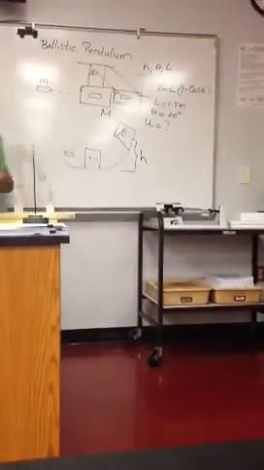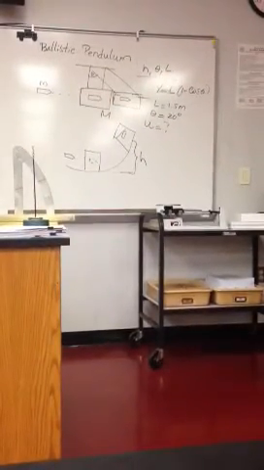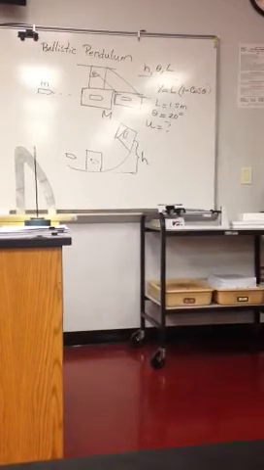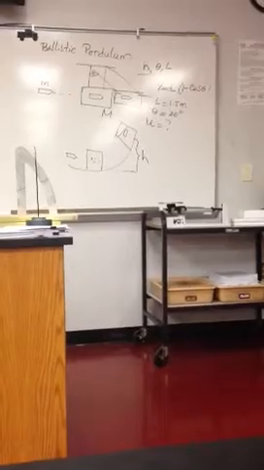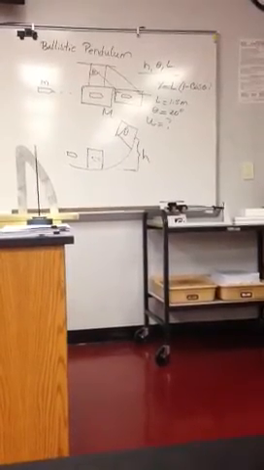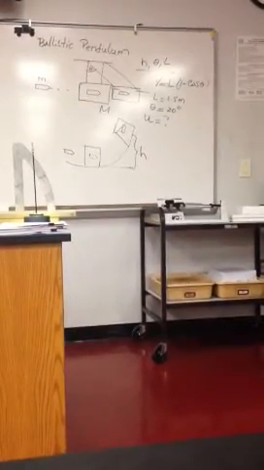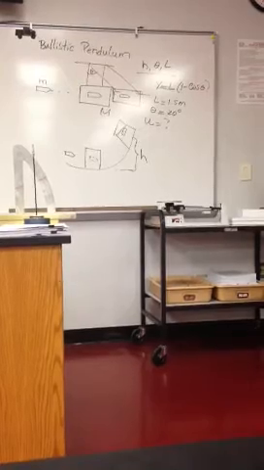Is that the same type of problem? Assuming that the block is going without friction, it's the same type of problem. So this is what we call a ballistic pendulum. These are designs that we use to measure the speed of the bullet.